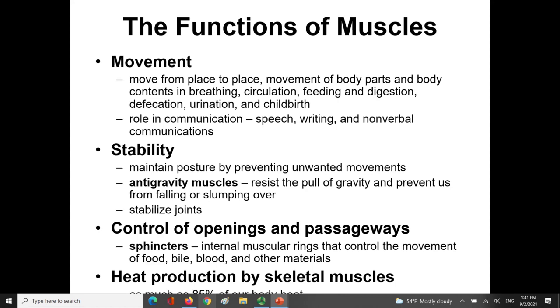And they also control our openings and passageways. There are special muscles called sphincters, and they are muscular rings that control the movement of our food, bile, blood, and other materials. They also deal in heat production. And I see that's a little cut off there, but it's as much as 85% of our body heat can come from our skeletal muscles.